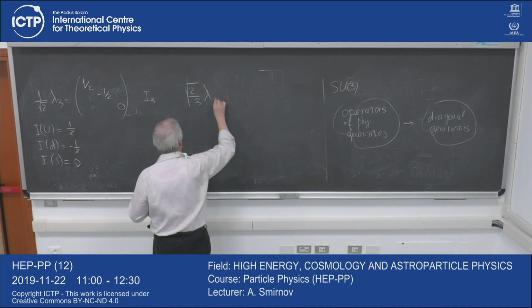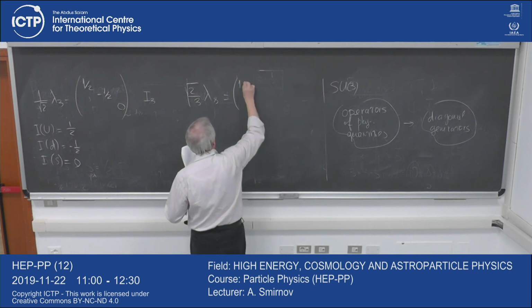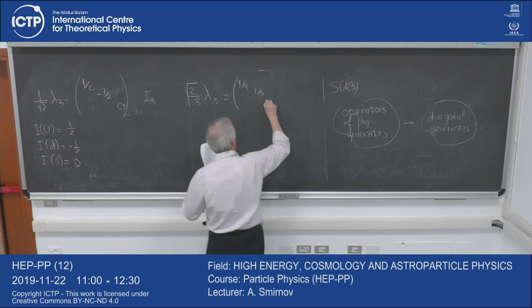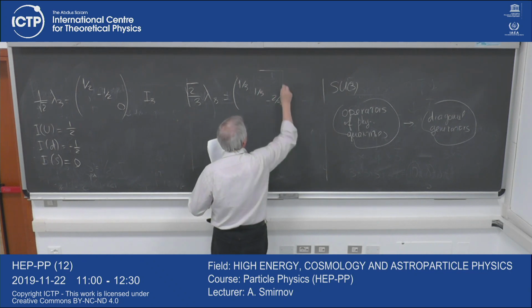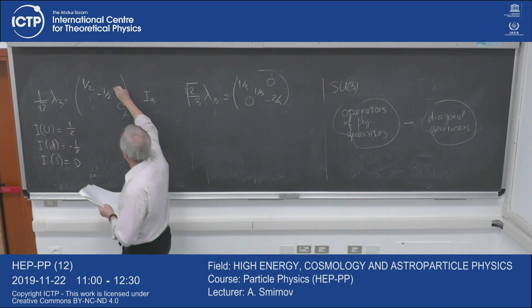Lambda 8. And it has the form 1/3, 1/3, and minus 2/3. Zeros here, zeros are this diagonal.